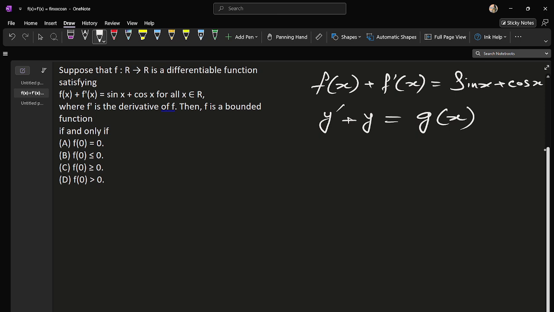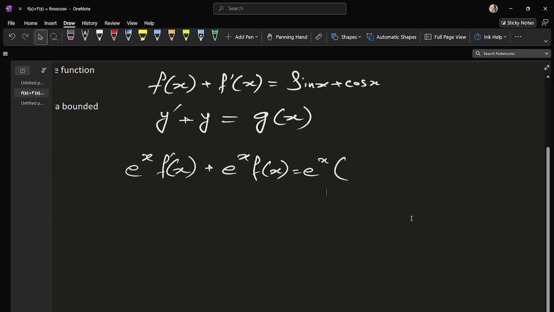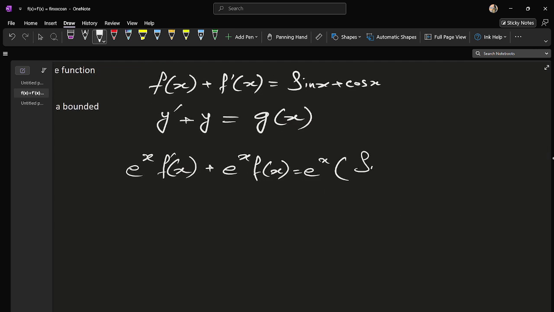So now we are multiplying both sides by e to the power x, so we will get e to the power x f'(x) plus e to the power x f(x) equals e to the power x into sin x plus cos x.